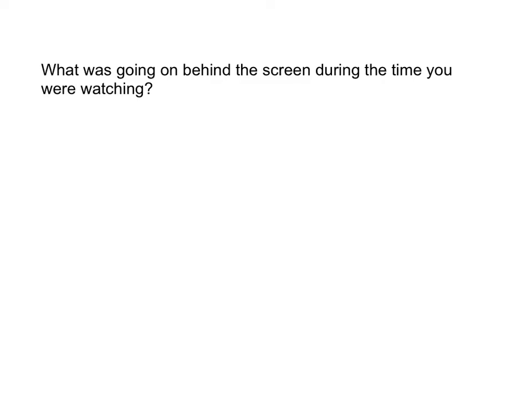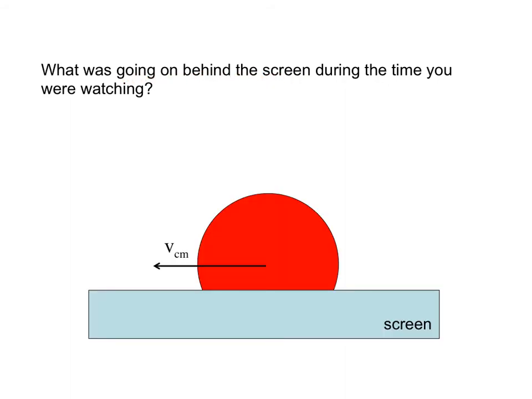Once you got out from underneath this, somebody could very well ask what was going on behind the screen. And you'd think back, oh, well, there was the screen and then there was the object. And the object would appear to have been moving because it was here and then it was here.